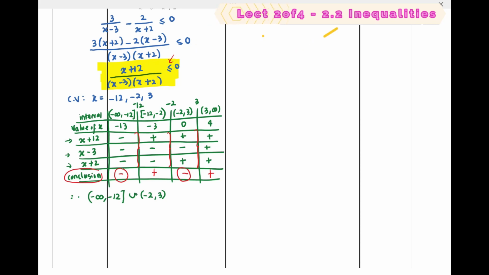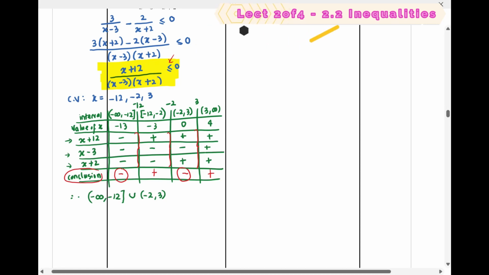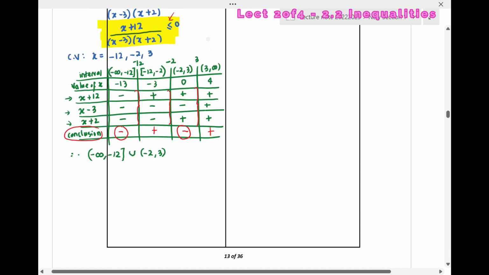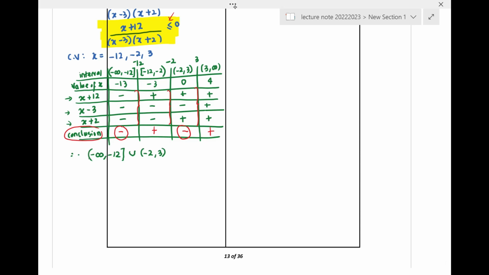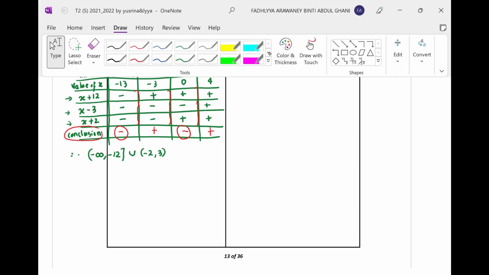Okay, so to do sign line, we have to draw our number line. Okay, so let me use another color. Maybe black.